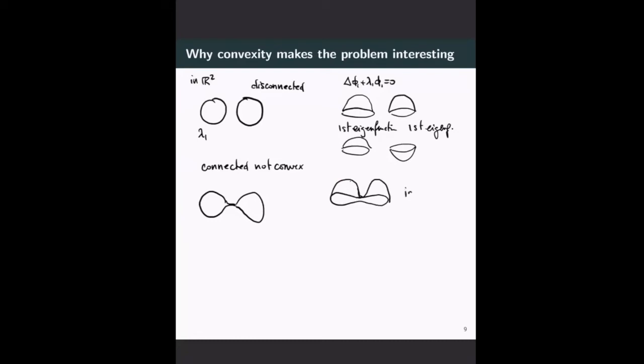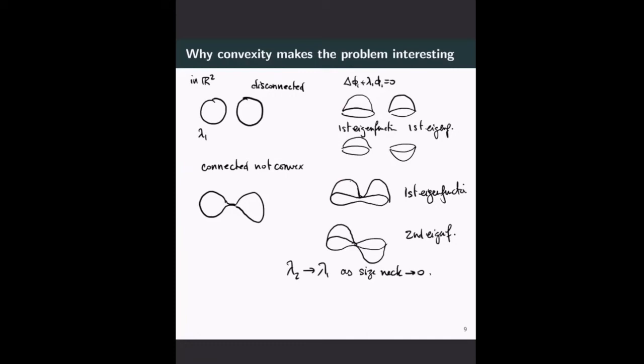That's going to be the first eigenfunction. The second eigenfunction looks a little bit like the second eigenfunction here. It's going to look like this. This goes close to 0, and at some point you'll be able to flip it, and that would be the second eigenfunction. The second eigenvalue will be close to the first eigenvalue as the size of the neck goes to 0.